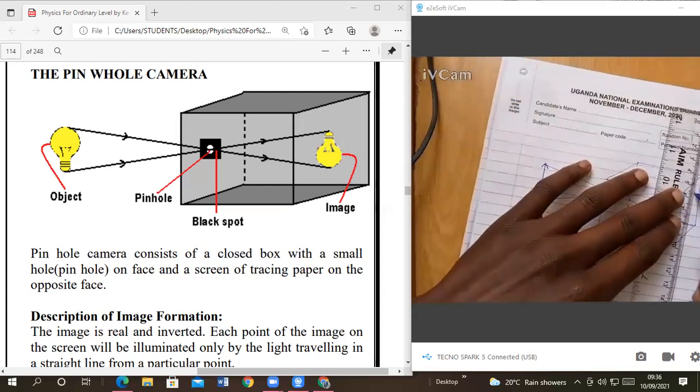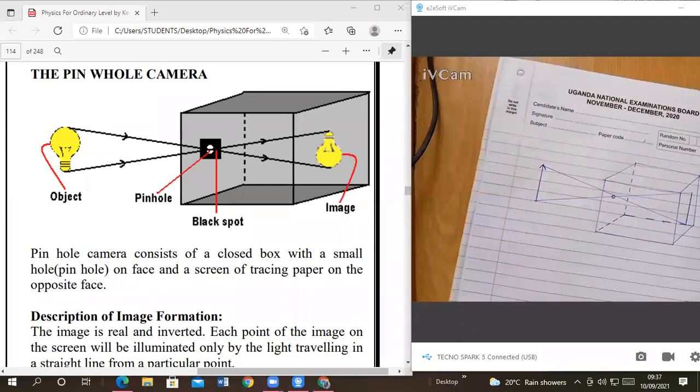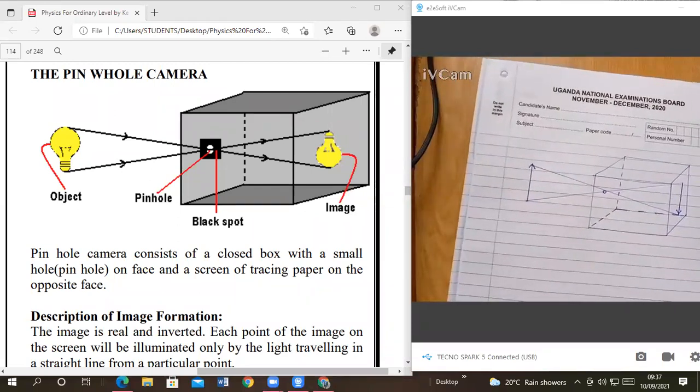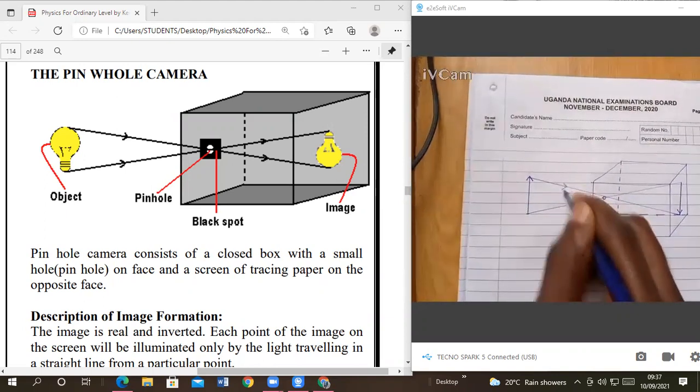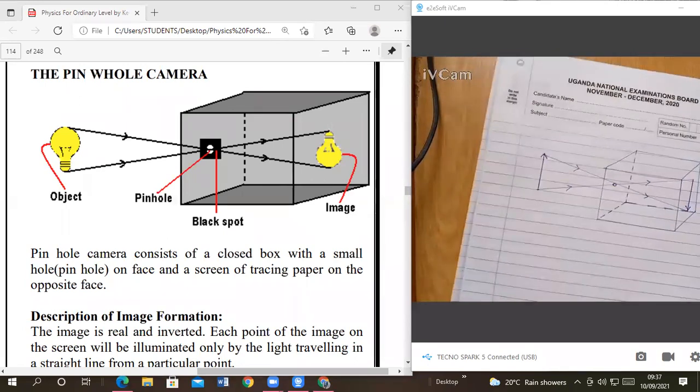So this is our image. So it's inverted. You see the top is coming down. So the image is inverted. So don't forget to put the arrows, the arrow direction of the light, like that.